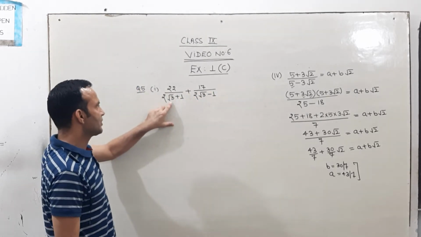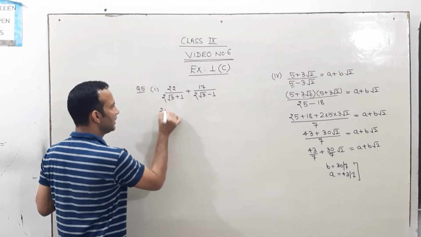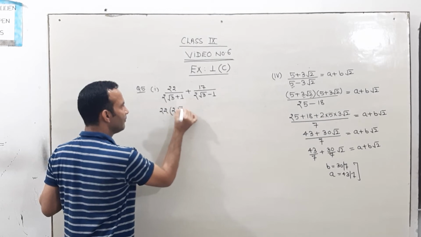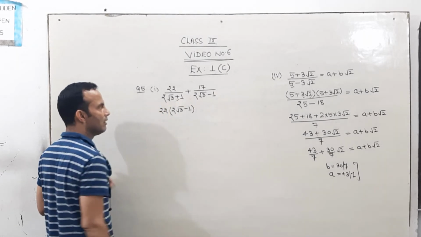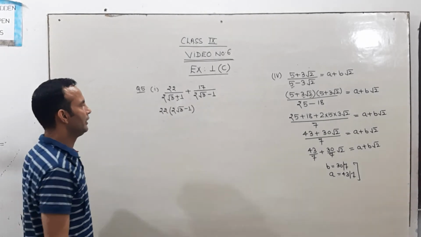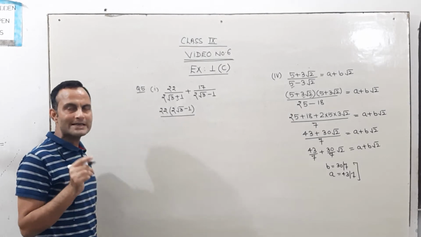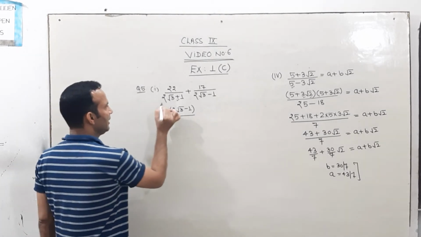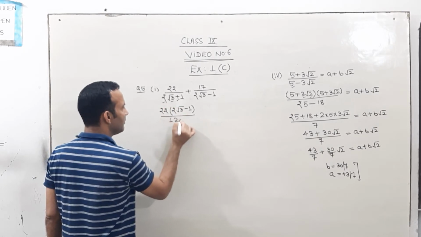See, in this situation, we have to rationalize the denominator. 22 is multiplied with 2 times root 3 minus 1. Take the opposite sign of which is given in the denominator. And in the denominator, we always apply the identity a square minus b square. 4 3s are 12 minus 1.